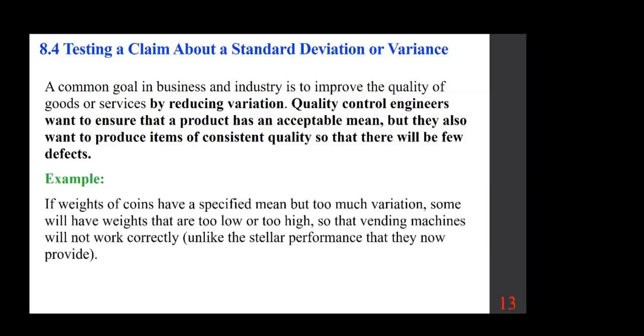If weights of coins have a specified mean but too much variation, some will have weights that are too low or too high, so that vending machines will not work correctly, unlike the stellar performance that they now provide. This is an example of why we want to test that, and we are interested in having proper standard deviation.